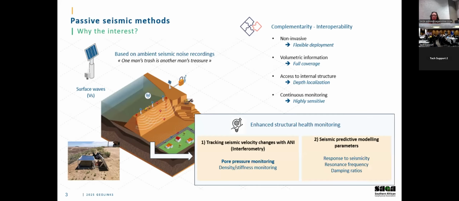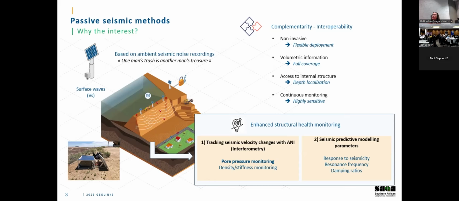So we are proposing that this will enhance structural health monitoring on tailings facilities and other structures. But in two main areas, we can track seismic velocity changes with ANI, an acronym, which is ambient noise interferometry. It's a well-known method of processing the data to extract from the noise a coherent signal. If you want to know more about it, you're not going to hear here.